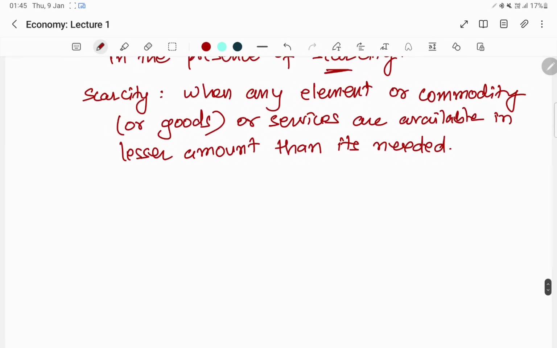So why is this scarcity there? The problem of scarcity. Why is scarcity there in the economy?